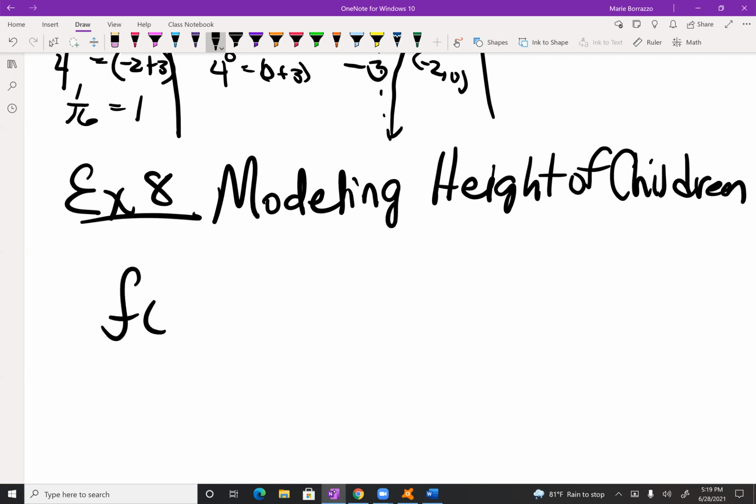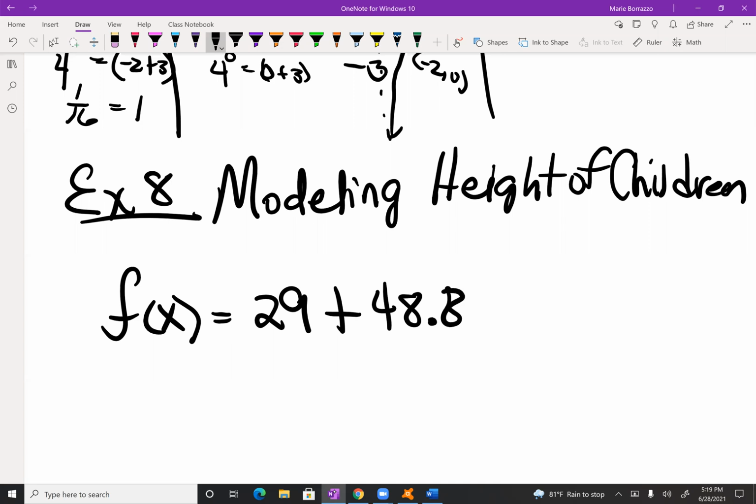So they're telling you the height of this child can be modeled by f of x equals 29 plus 48.8 log of x plus 1.